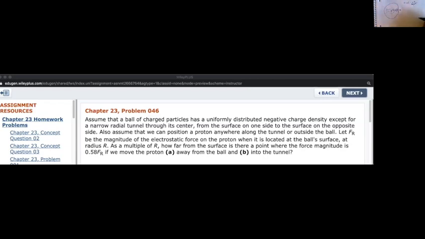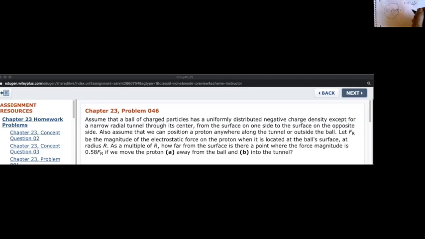Only the charge contained inside of that radius will give it a force. What's outside of the sphere doesn't matter. The only thing that matters is what's inside.